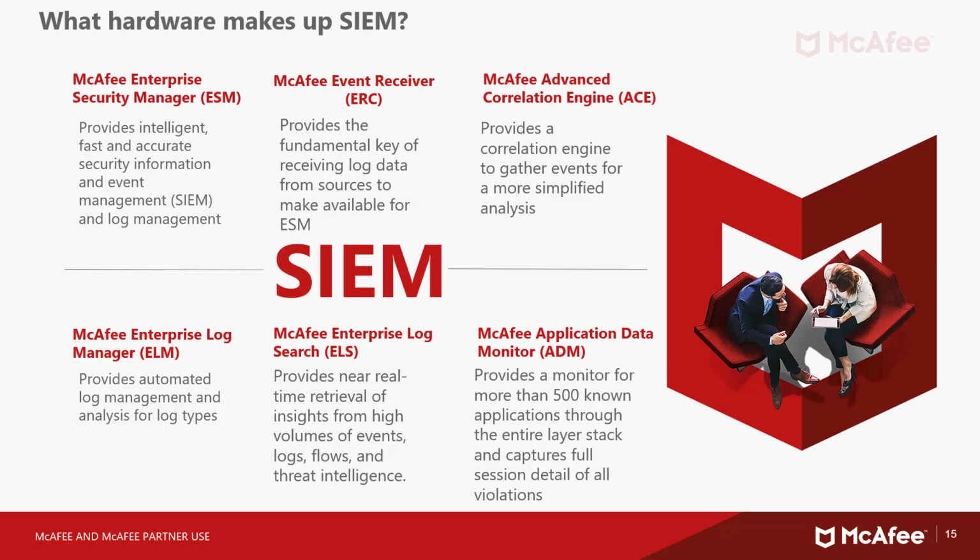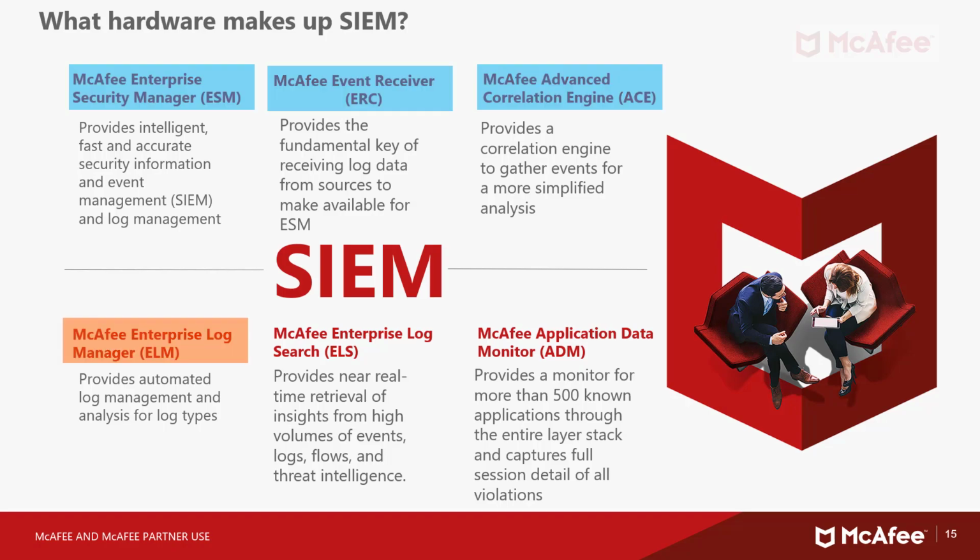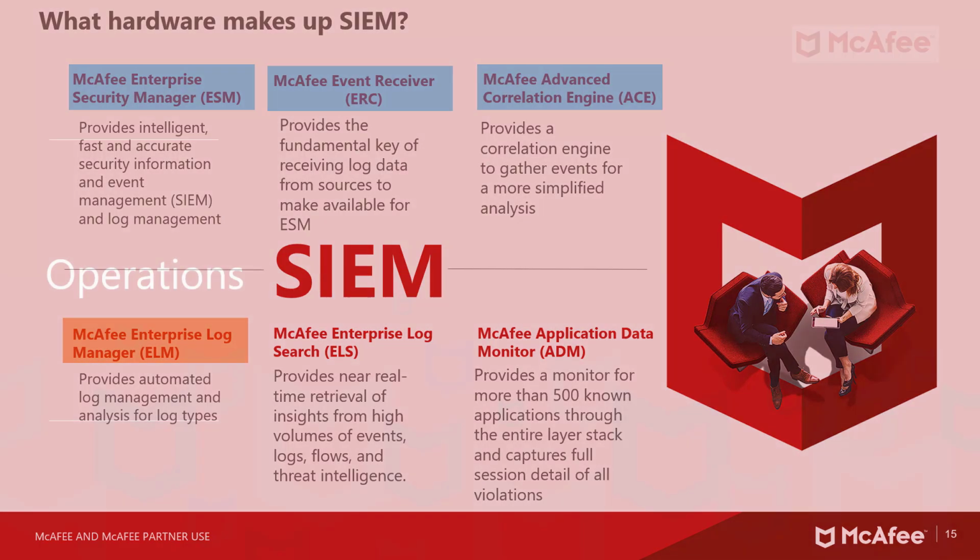As a baseline for SIEM, there's only 4 main minimum components to stand up. For example, a small business just starting out. You have the McAfee Enterprise Security Manager, the ERC, the ACE, and as logs come in, you will need the ELM to store all that raw data.